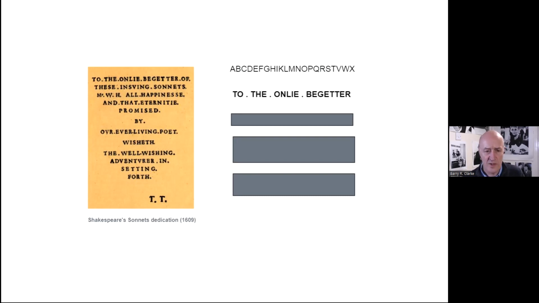The second part was suggested by Penn Leary, who was a trial lawyer who took the next 4 words, which are of these ensuing sonnets, and he added Mr. to it. Not a complete word, but he added it to it anyway, and he wrote down their last letters. Now, if you do that, this is what we get.